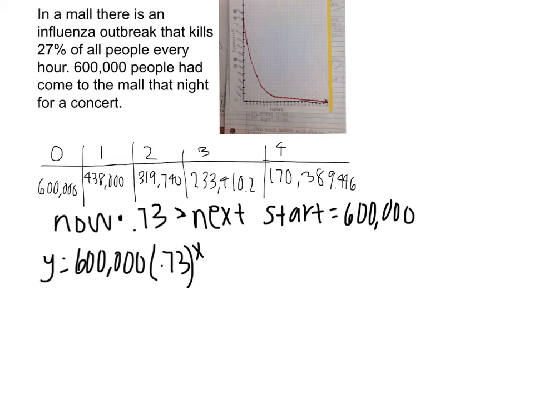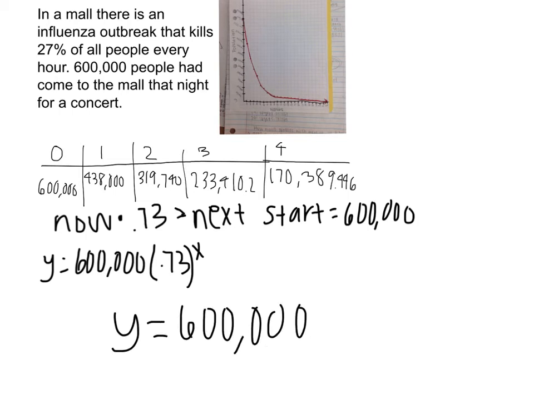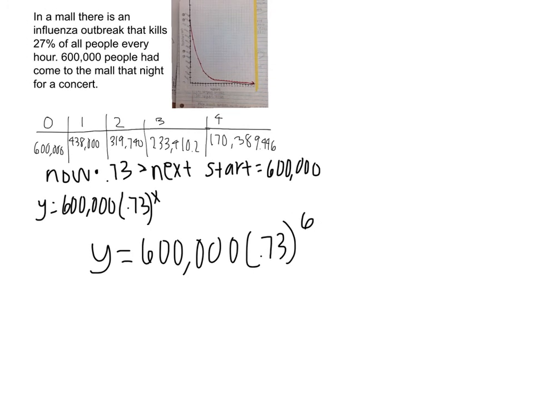So to solve this, you would do y equals 600,000 times 0.73 to the 6th power, which would be 90,800.53577.